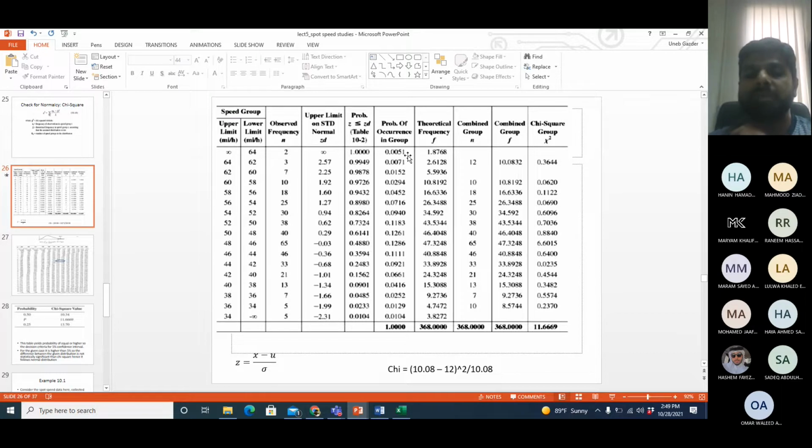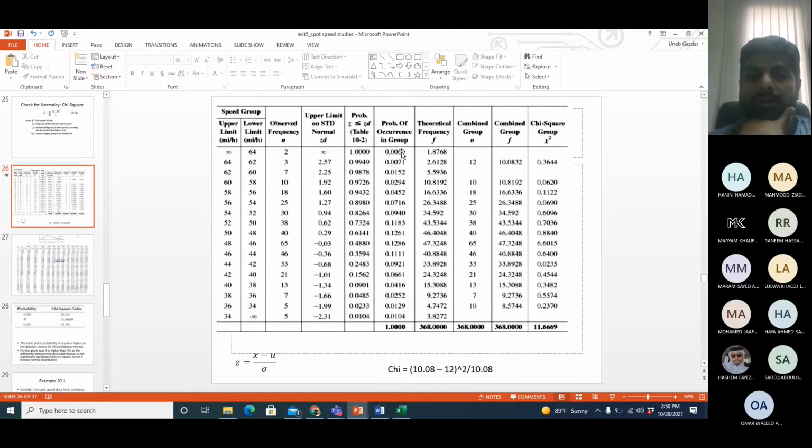Now these probabilities will be multiplied with the total number of values. This particular data set has 368 values. You can count it from here. Do the summation of all the values for all the groups, and you will get the total number. In this case, we have already done it. That is 368.